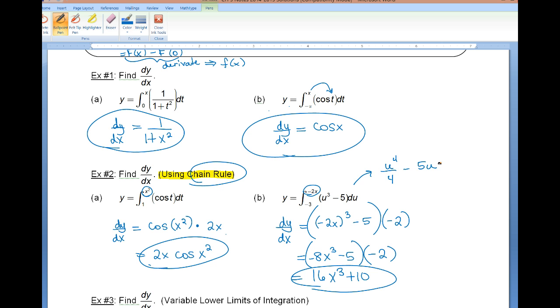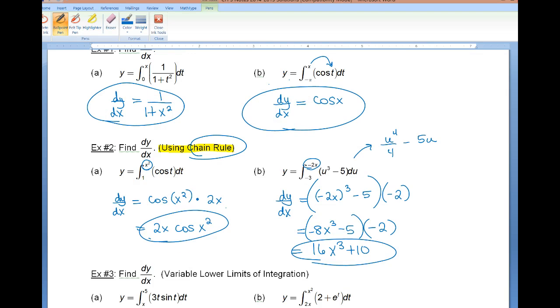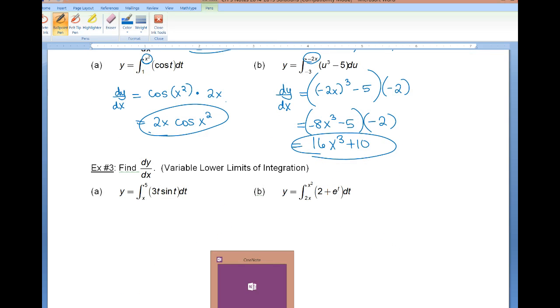So when I do the derivative, the 5 is still there, right? Remember, it's the derivative of the antiderivative. So we're left with the integrand. So you already have the derivative. Exactly.